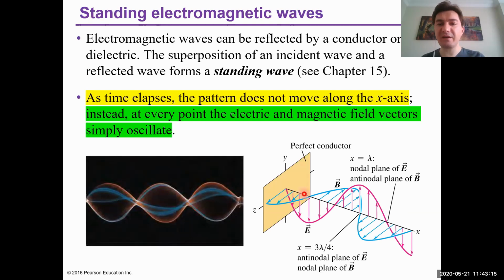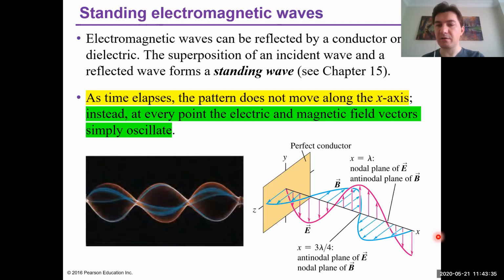So here we have a perfect conductor, and we have one electromagnetic wave which is traveling along the negative x direction, okay? When it comes to this perfect conductor, it will be reflected back.